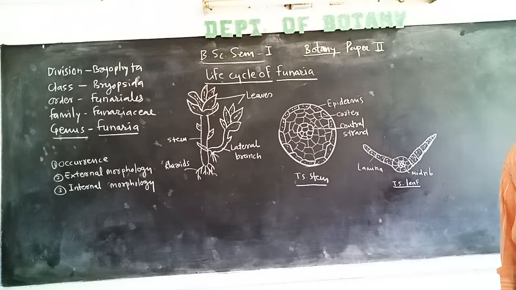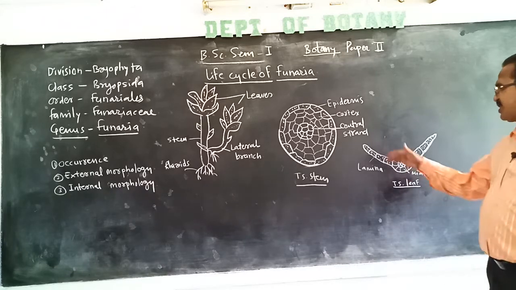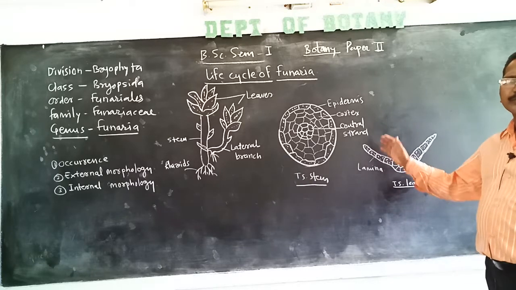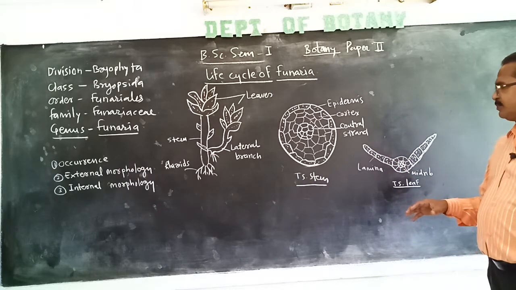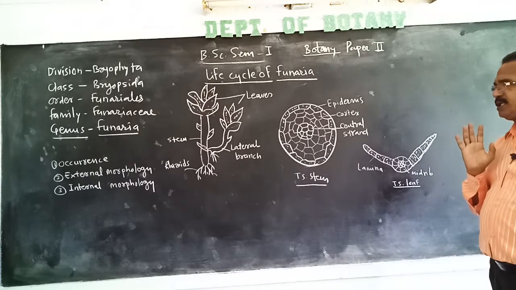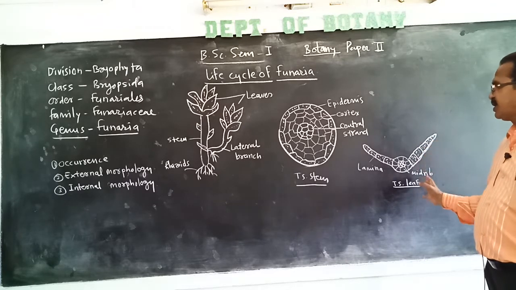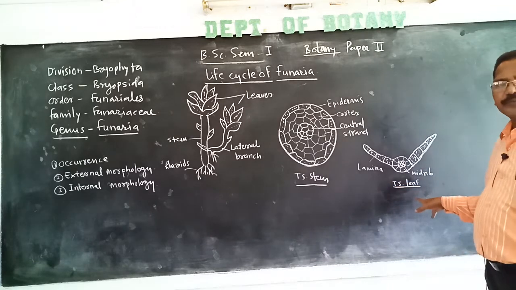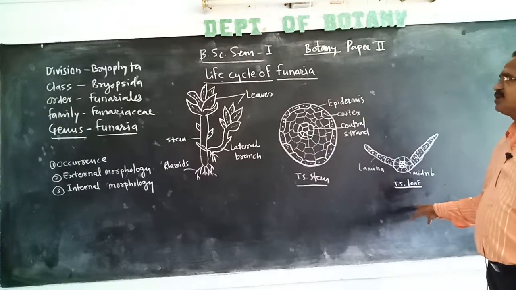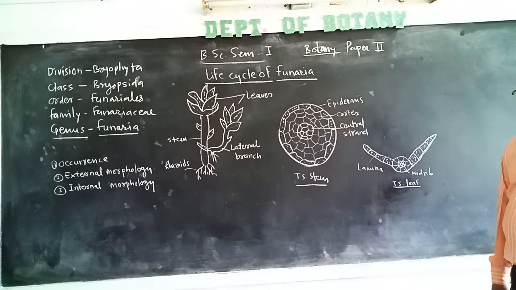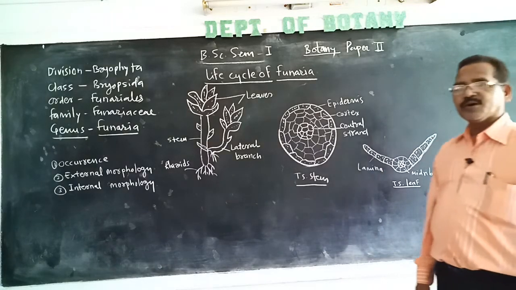That's why it performs the function of photosynthesis. And exchange of gases takes place directly through the cells. Stomata are totally absent. This is about the internal structure of the stem as well as the TS of the leaf-like structure in Funaria. Next period we will see about the reproduction.